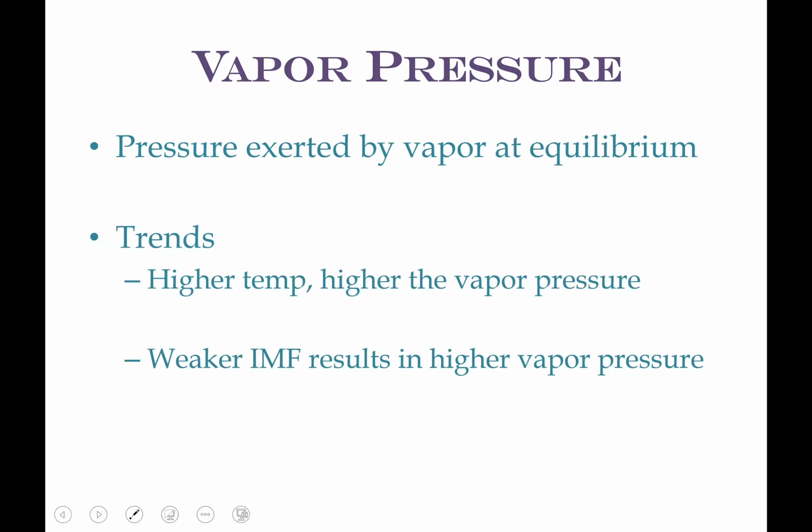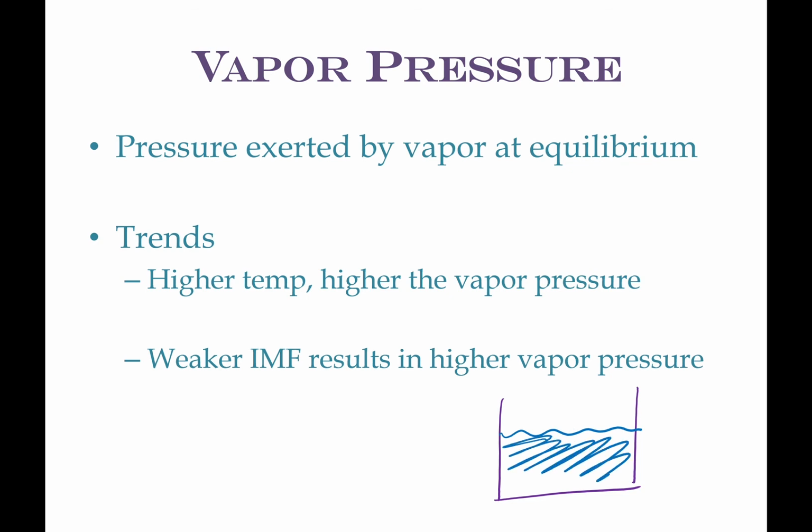So vapor pressure is the pressure that's exerted by a vapor on the top of a liquid. So here we have a beaker, and it's got some liquid in it. We're talking about the particles that are above the liquid in the gas phase. What pressure are these exerting on the surface of the liquid?